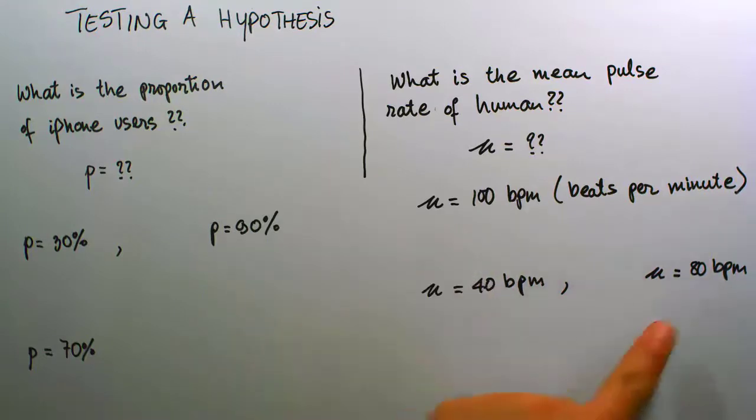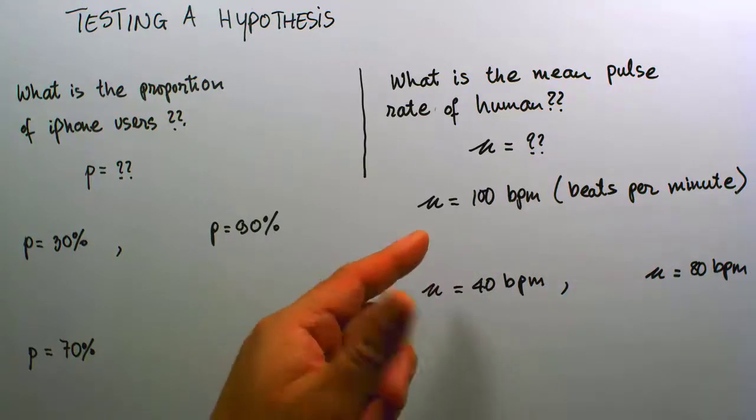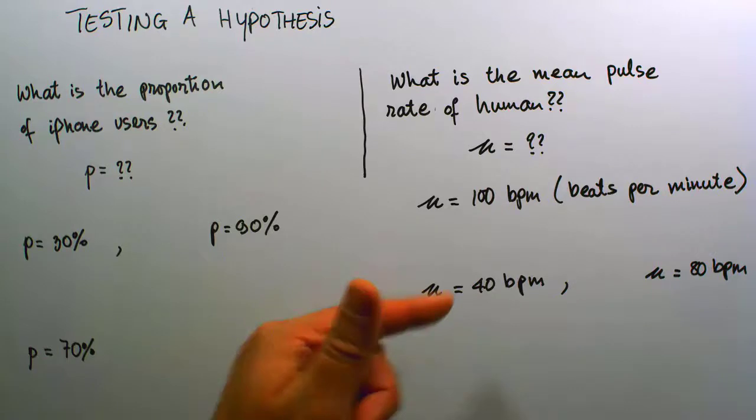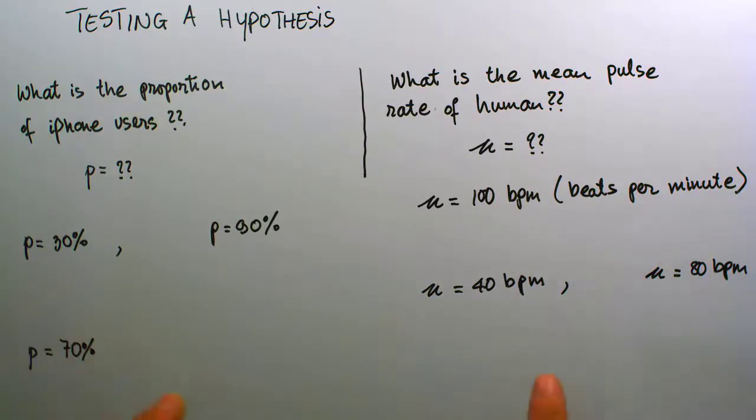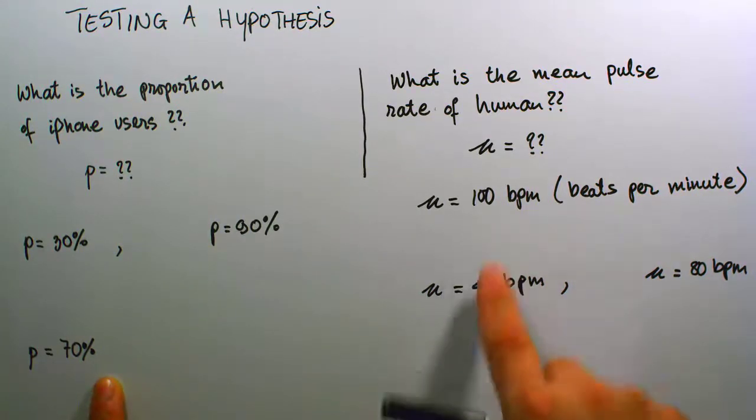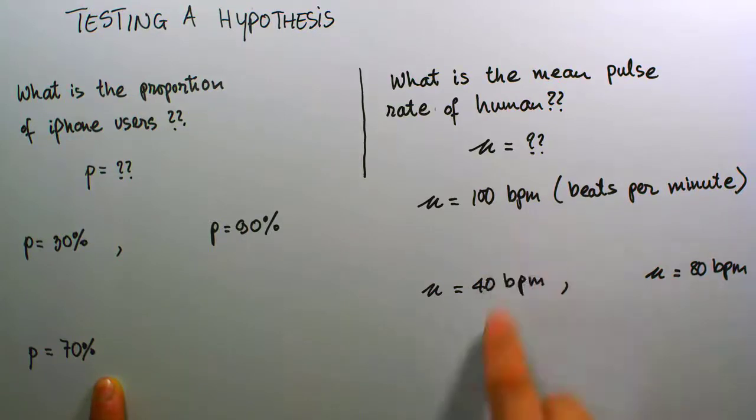So mu equals 100, or mu equals 40, or mu equals 80, any of these is only a claim. It's a value being claimed. And one more thing to emphasize: any of these are just simply being stated, without any evidence being presented.